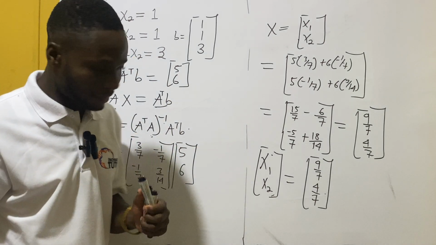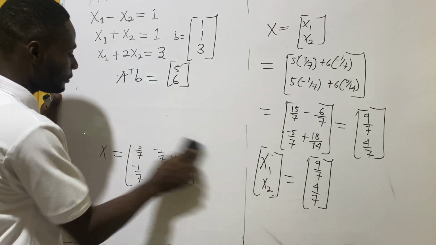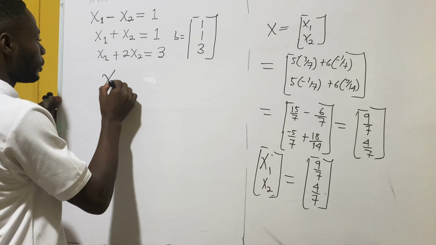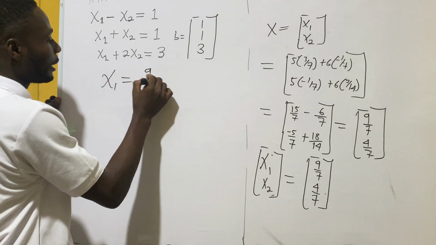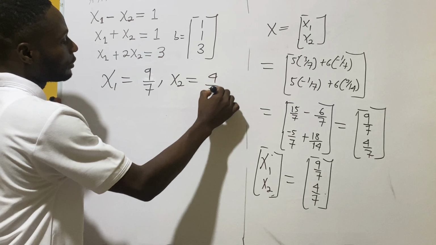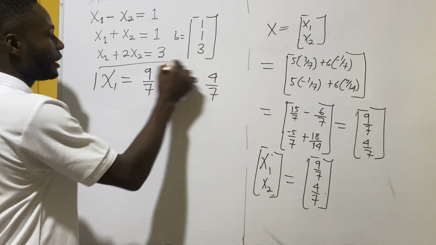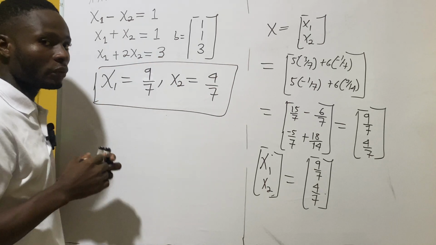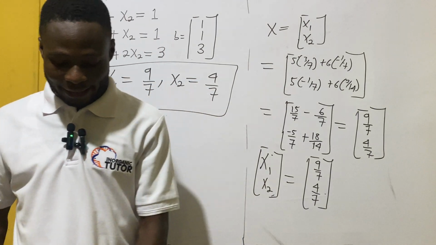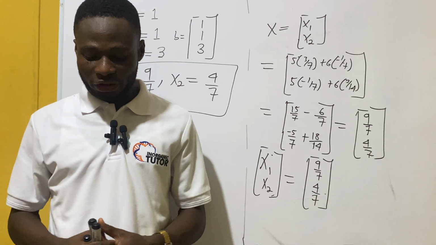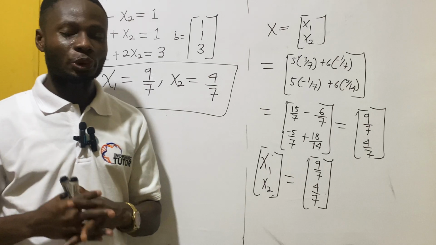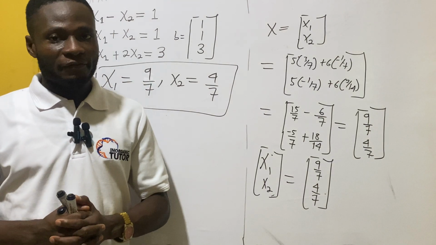Let me write it here: x1 equals 9 on 7 and x2 equals 4 on 7. That is the best solution that can minimize the errors in these three systems of equations with two unknown variables.